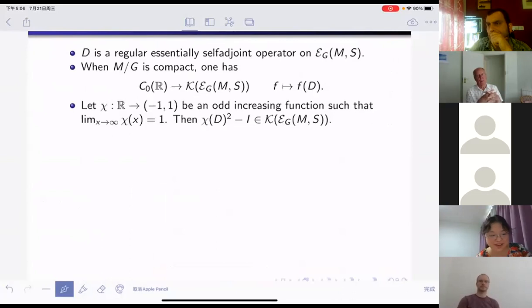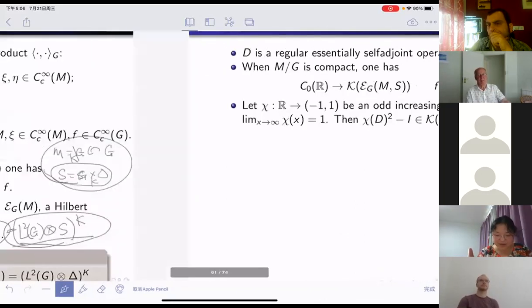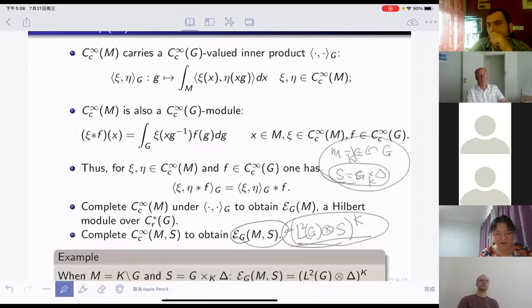Because my time is up, maybe it is a good idea to postpone this to the next time. But in any case, I want to explain a few words about the idea. The idea is that we lift our problem in the non-compact case, in the G/K case, where the manifold is non-compact and the operator is not Fredholm.